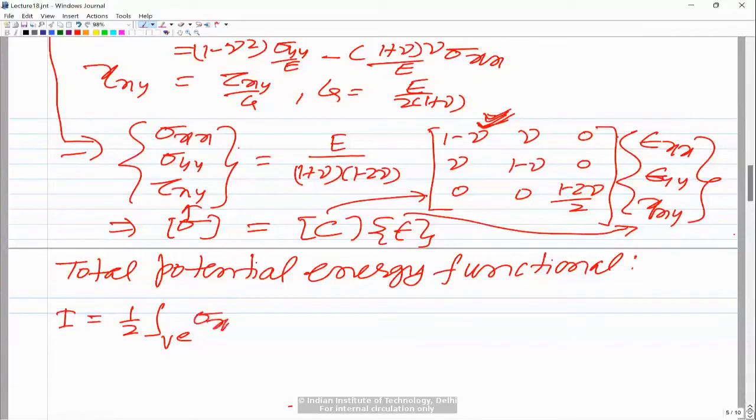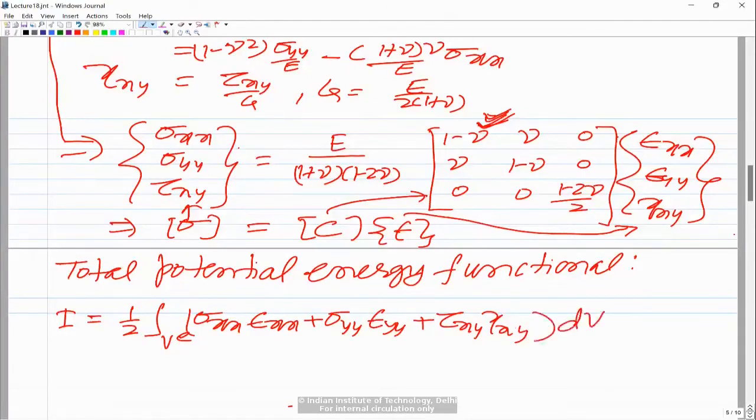The strain energy would be half into (sigma xx into epsilon xx plus sigma yy into epsilon yy plus tau xy into gamma xy) into dV, the volume integral. So this is the strain energy.